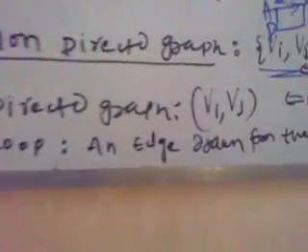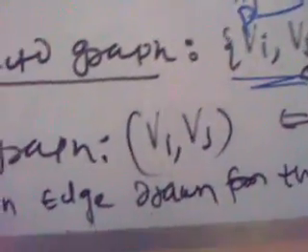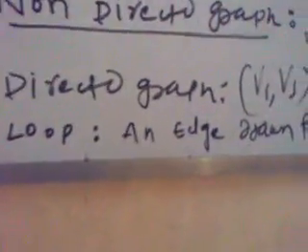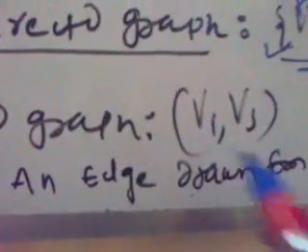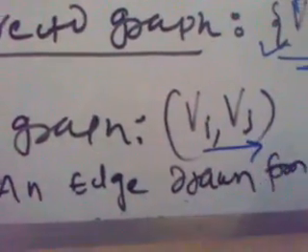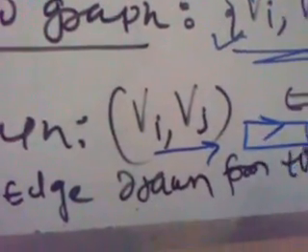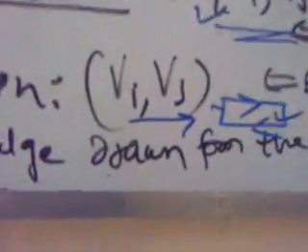For the directed graph, the main thing is that the braces are important. In a directed graph, if there is an edge from i to j, it goes only from i to j. That means every edge has a direction.